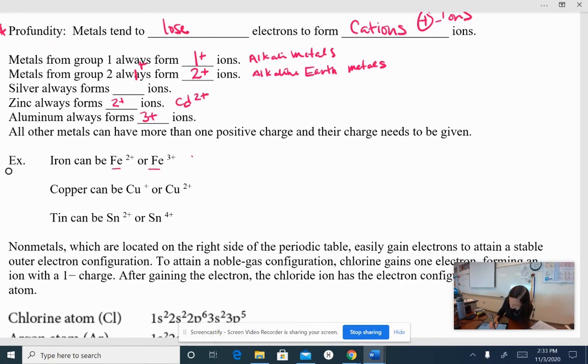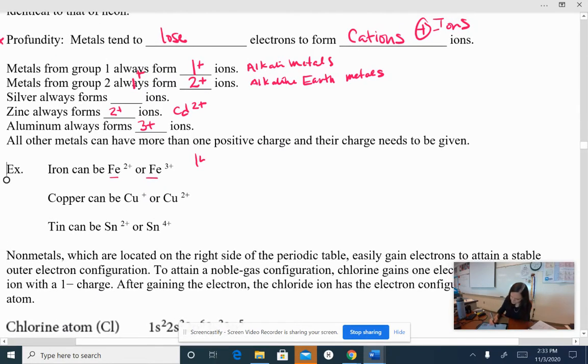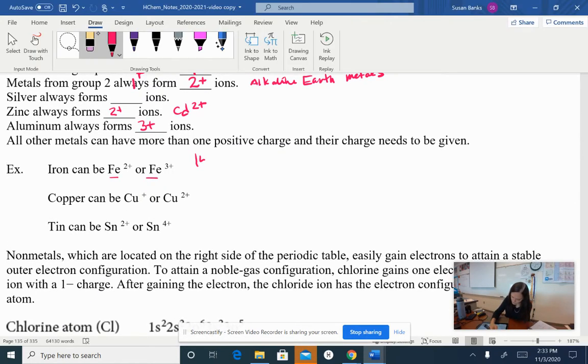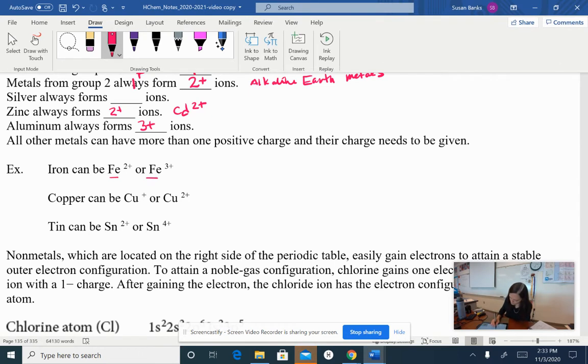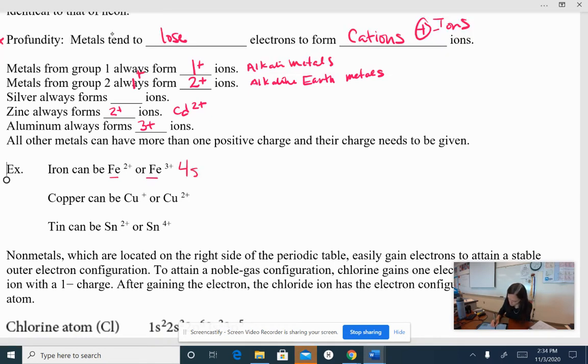So I will have 4s2. And then I have 5 orbitals in 3d and 3d6: 1, 2, 3, 4, 5, and 6.